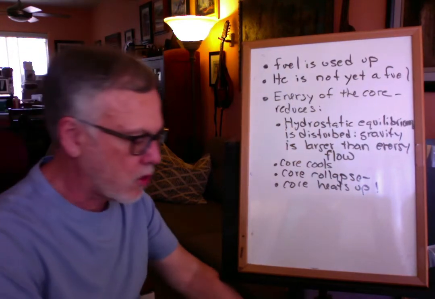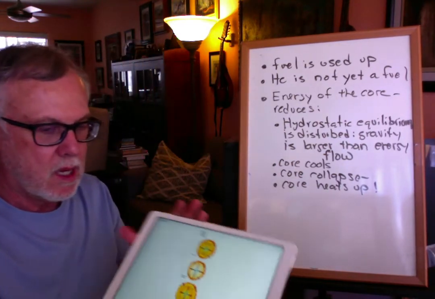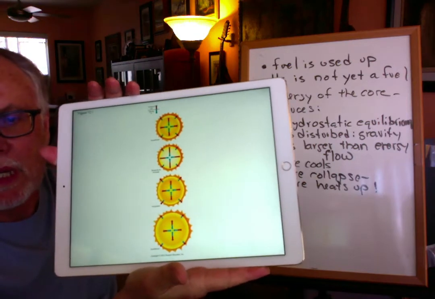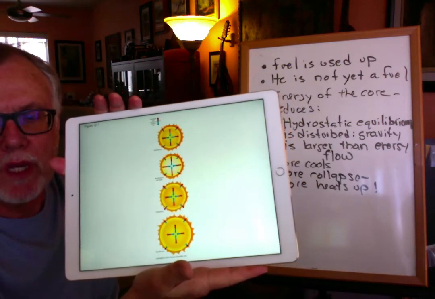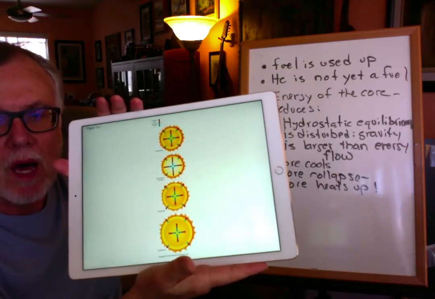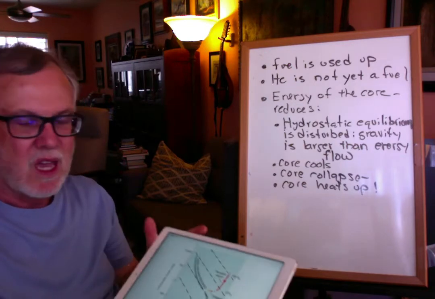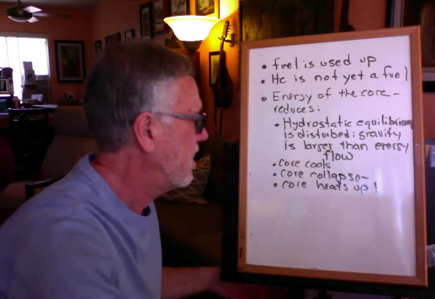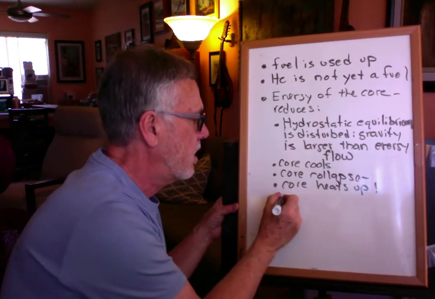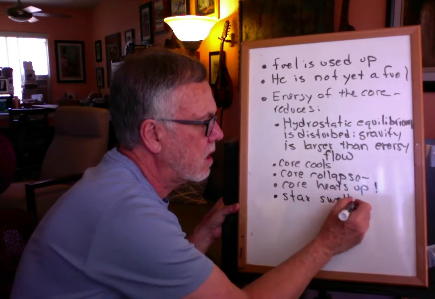But because the core is heating up, the balance is disturbed. And so, again, because it's heating up, it gets hotter and hotter in a star. And so the star begins to increase in size. The star swells up in size.